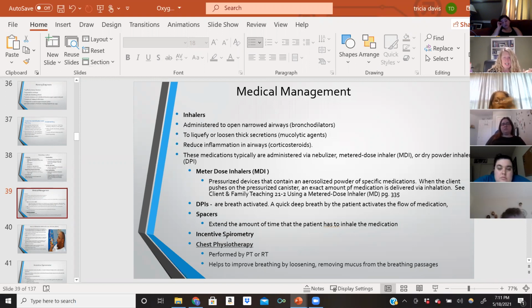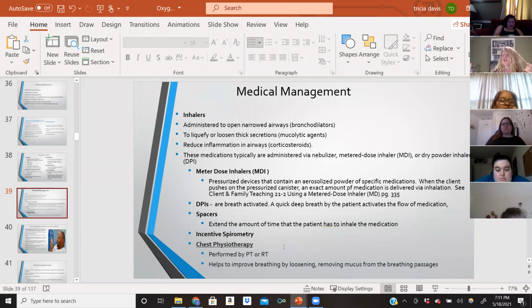You guys know what the incentive spirometer is. We've been talking about that. Sometimes you will see the doctor orders chest physiotherapy. This is performed by physical therapy or respiratory therapy. This is not anything that the nurse does. This helps to improve breathing. It helps loosen and remove mucus from all of the breathing passages.